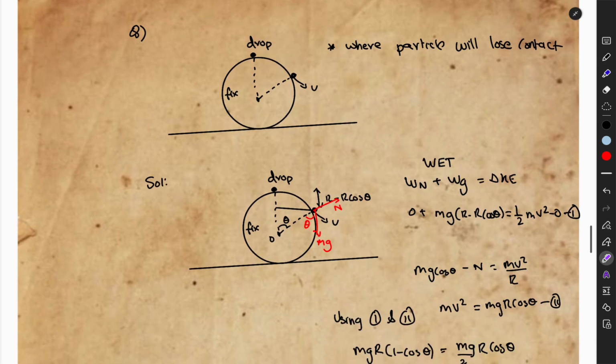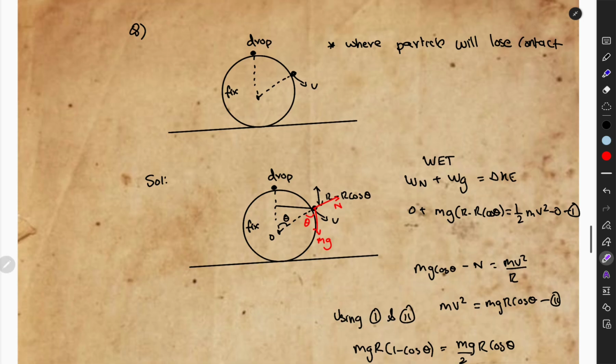So yeah, this is also a good type of question where you see where the particle loses contact, okay, at what angle. So basically in this type of question you have to use two formulas, which is the NLM thing and then work energy theorem.